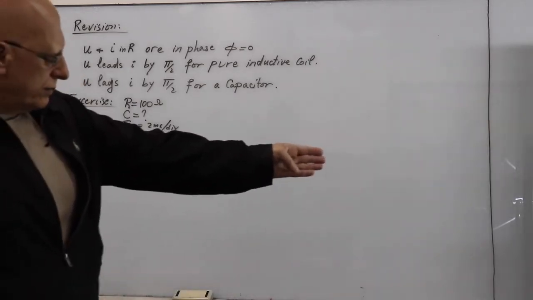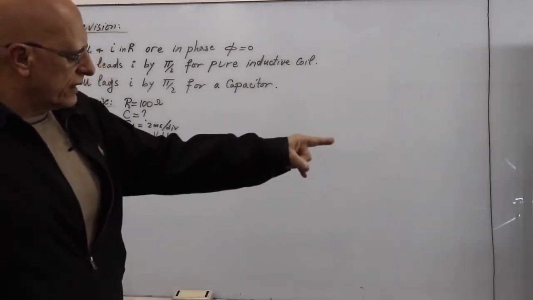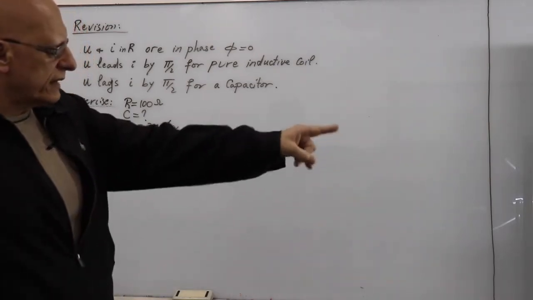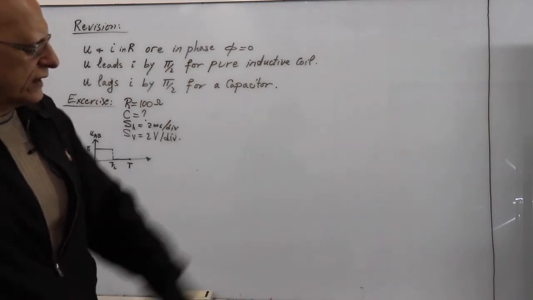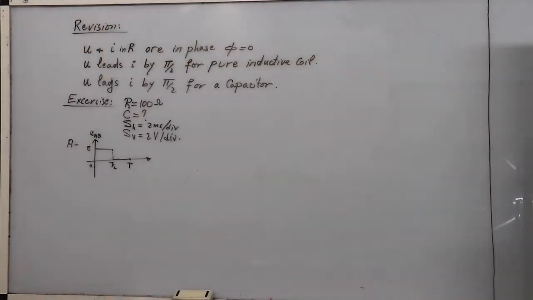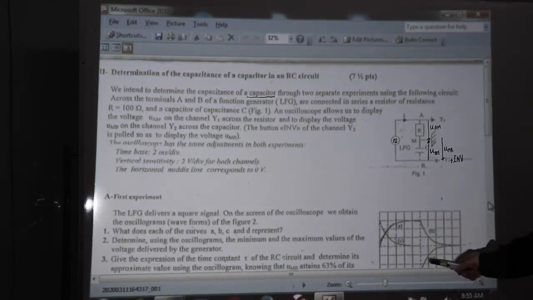He says the low frequency generator delivers a square signal. This is the square signal. On the screen of the oscilloscope, we obtain the oscillograms of figure 2. You have here 4 waveforms: A, B, C, D.